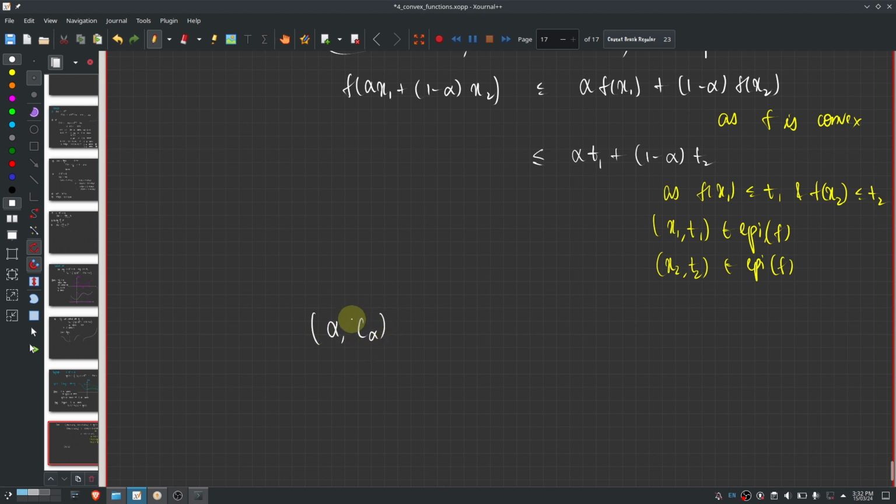Remember that the sublevel set is a subset of Rn, but the epigraph is a subset of Rn plus 1. So you take alpha comma C alpha. You can think of this as one sublevel set, but it's also coupled with the particular alpha which defines the sublevel set. So what is the epigraph in terms of these elements?